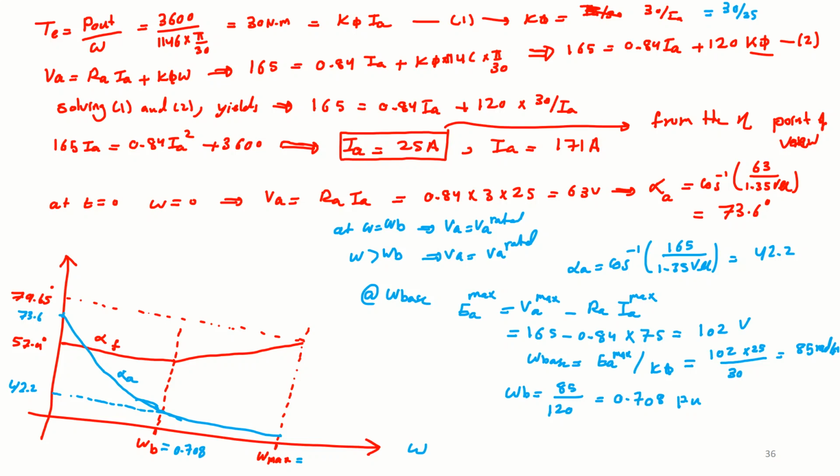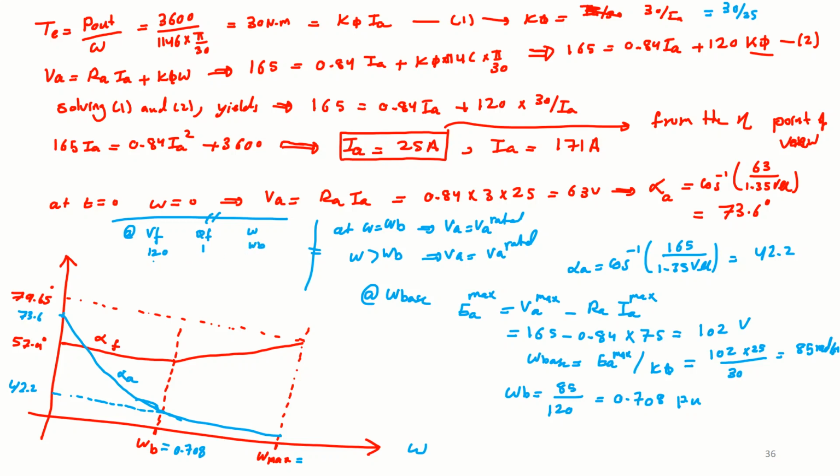Now remember, here the maximum speed is linked to the minimum voltage in the field, which was 40 volts. So here we can say that at Vf equal to 120, the flux was the rated, let's assume it's 1 per unit, and this gives a speed which is omega base.